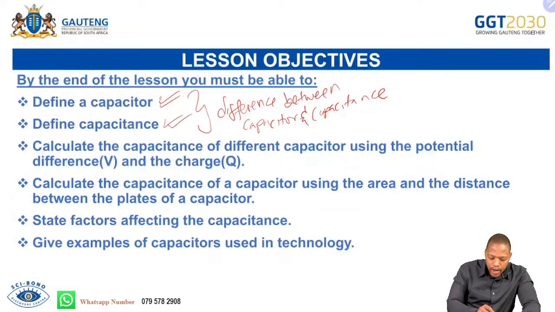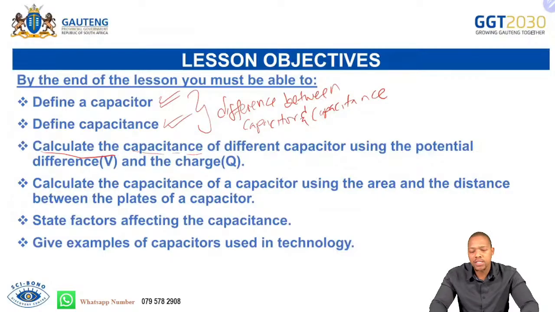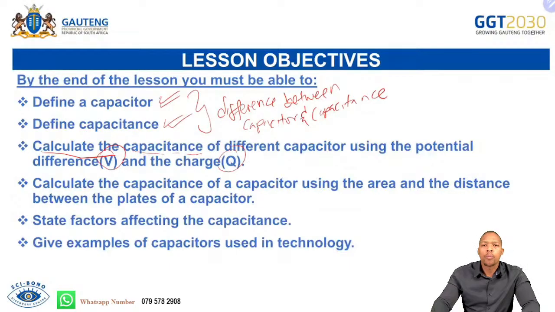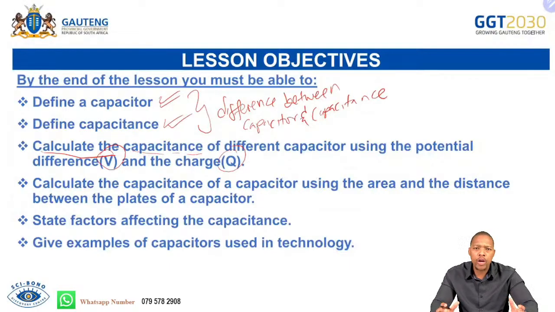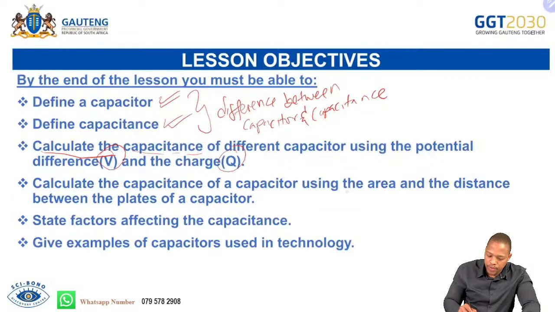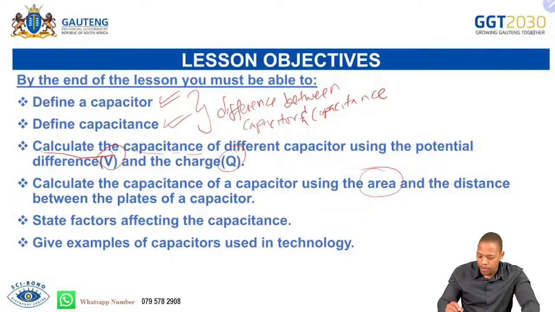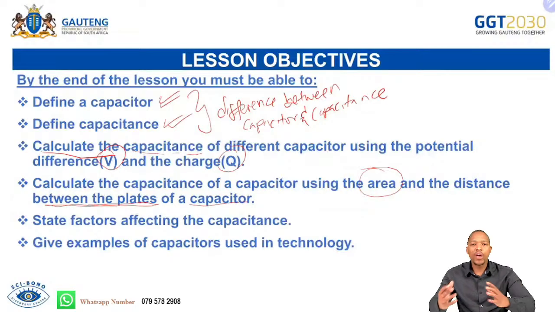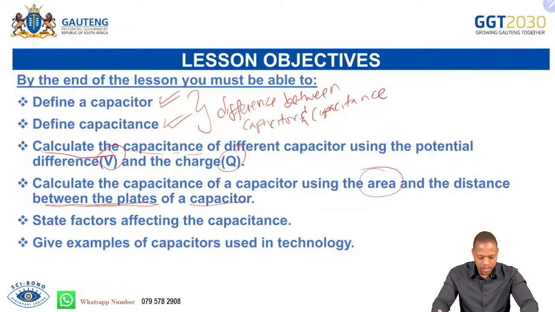Then we are going to calculate the capacitance of different capacitors using the potential difference V and the charge Q. We'll also calculate the capacitance using the area of the plates and the distance between the plates of the capacitor. So there are two ways in which we're going to calculate the magnitude of the capacitance of the capacitor.